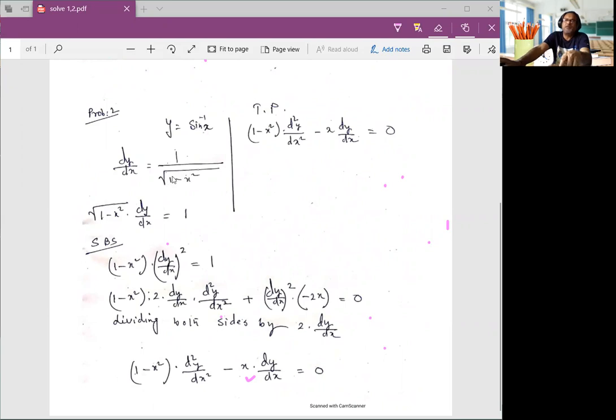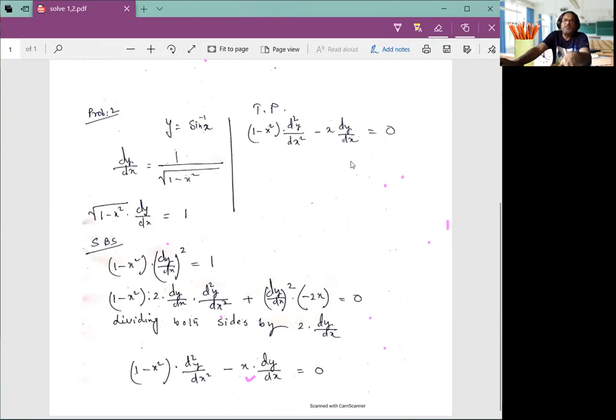I told you, you have to remember the first derivative of all the inverse functions. Now the derivative of sine inverse x is 1 by root over 1 minus x square. The second derivative problem here is this one: 1 minus x square multiplied by d2y/dx2 minus x multiplied by dy/dx equal to 0. This you have to prove.